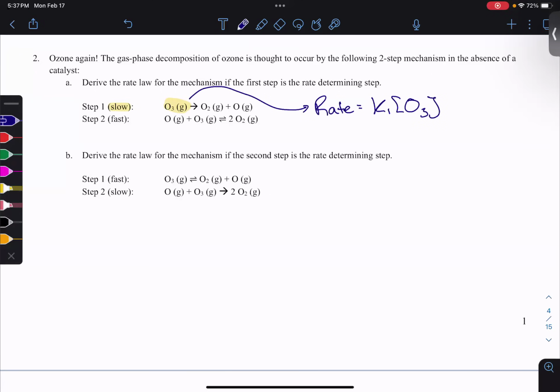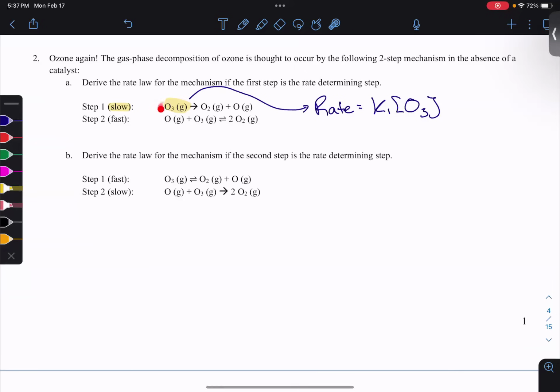That's it, right? The slowest step here dictates the overall rate of the reaction, because the assumption is that this first step is so slow, but as soon as it's done, the fast step takes over and the reaction's done. So that first step dictates the overall rate of this reaction.